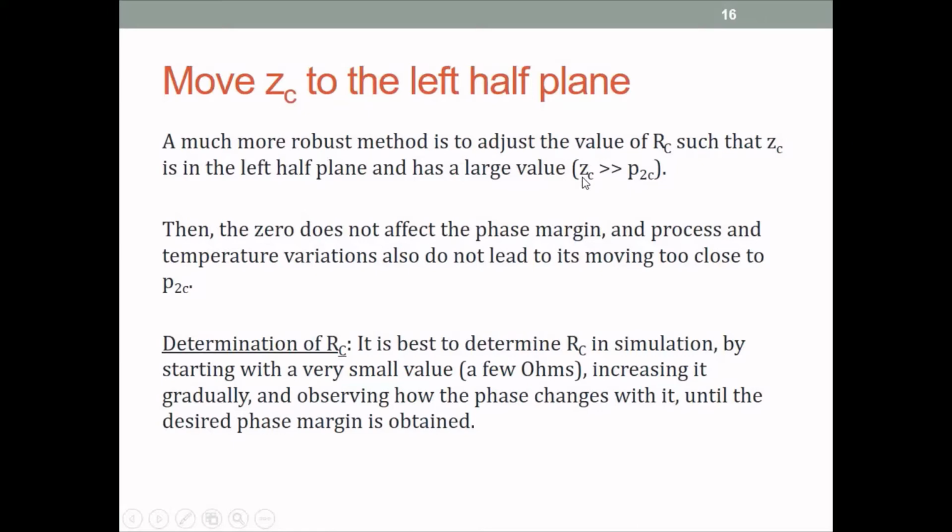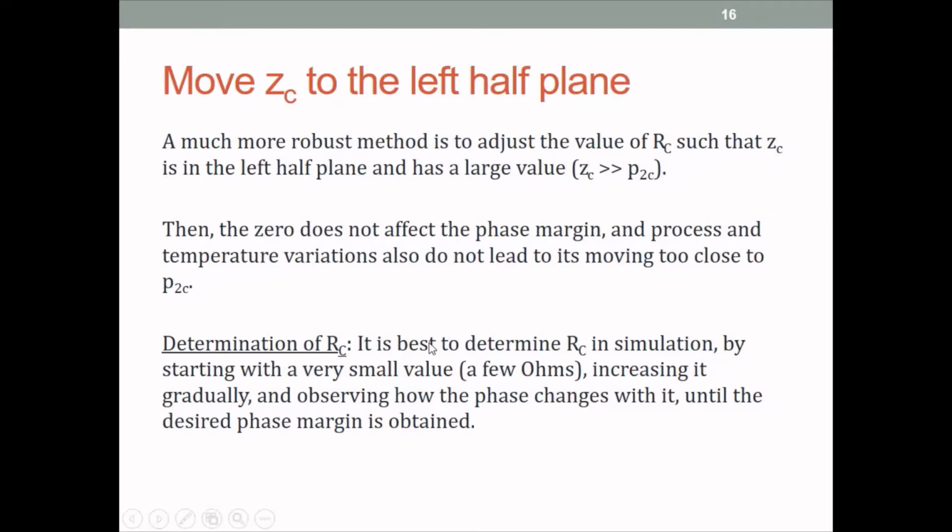As long as it has a very large magnitude compared to P2, so it is far to the right on the Bode plot, with a frequency much larger than the unity gain frequency, then it stops affecting the phase margin, and then one gets a good phase margin because of the dominant pole compensation.